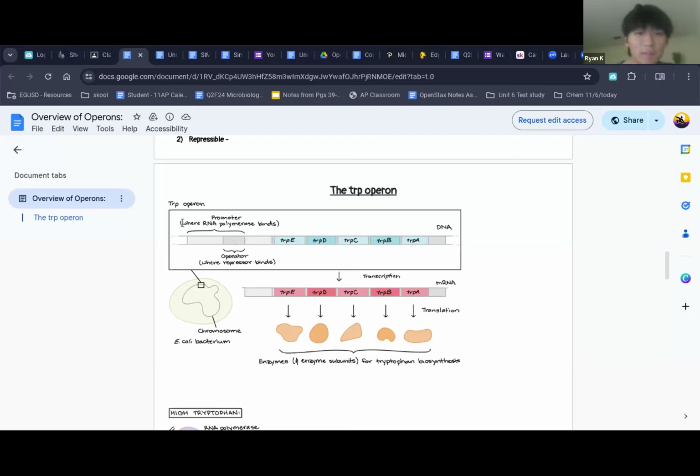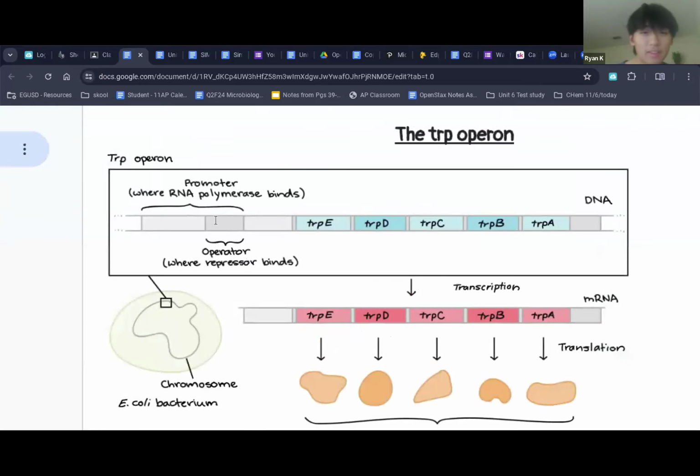Let's see. RNA polymerase binds operator. Oh wait, so that's operator, that's promoter. I've only been talking about promoter, and an activator. And then there's operator. My notes don't say anything about the operator. Oh shoot. Okay, where the repressor binds. Okay, there it is.